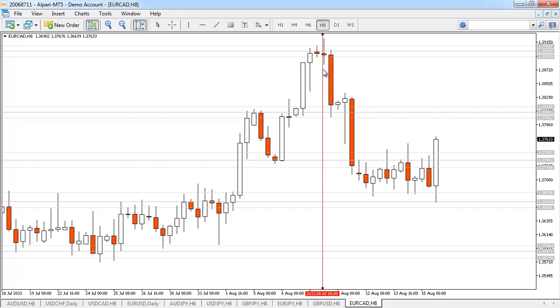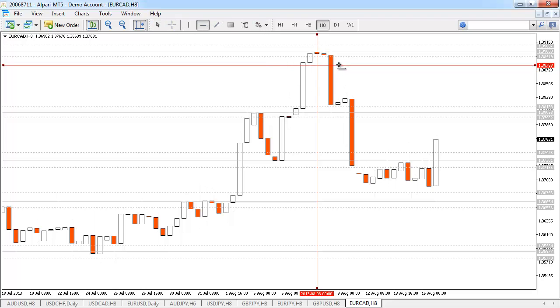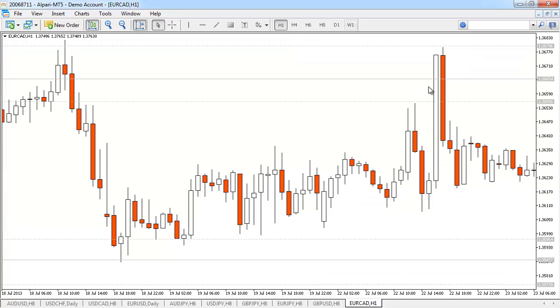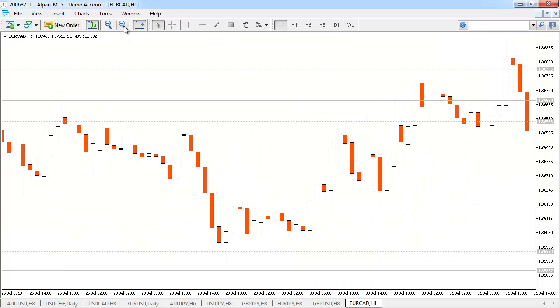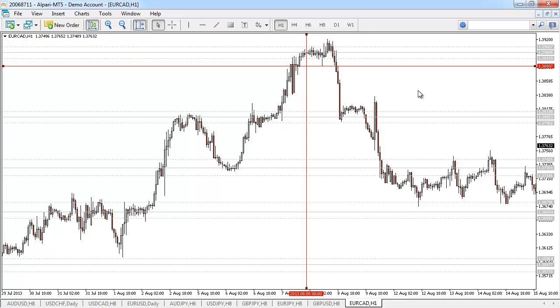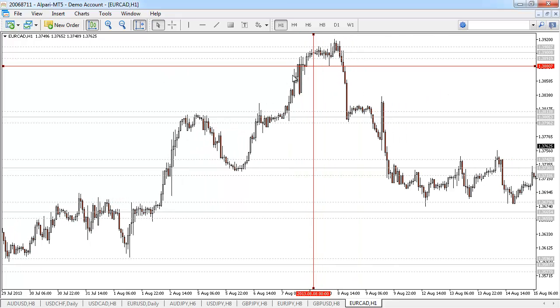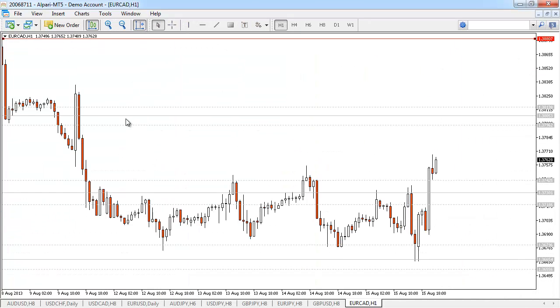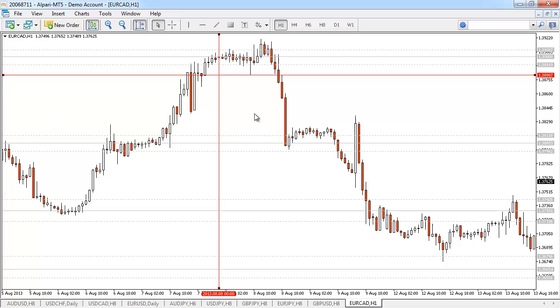Damn it. I don't like how these lines work on this thing. Okay. Let's zoom in here. Wait, I think I put this line on the wrong area.